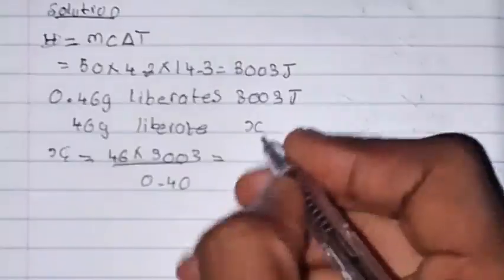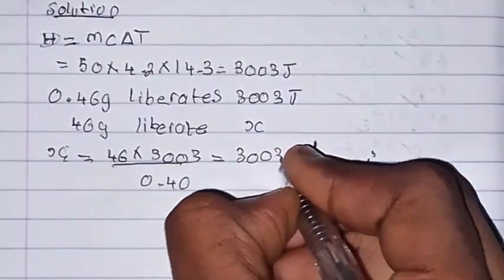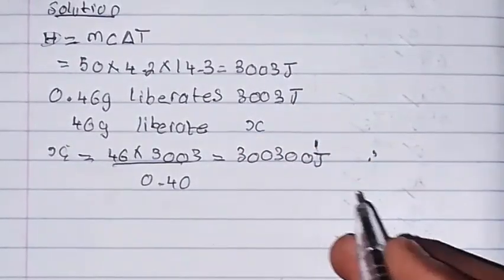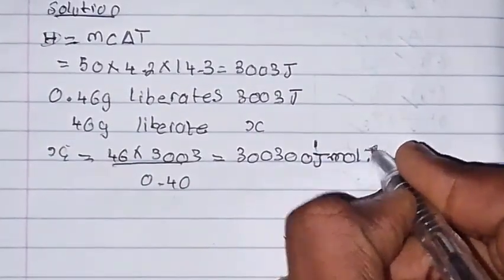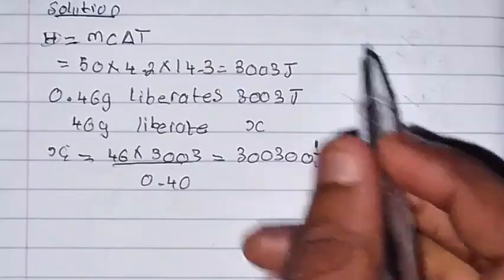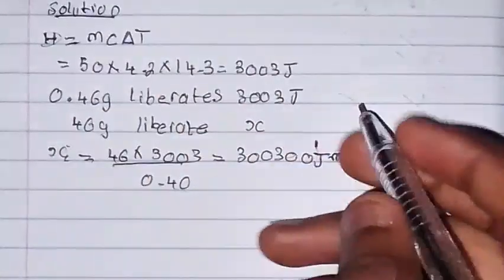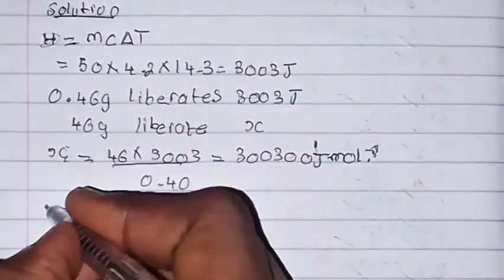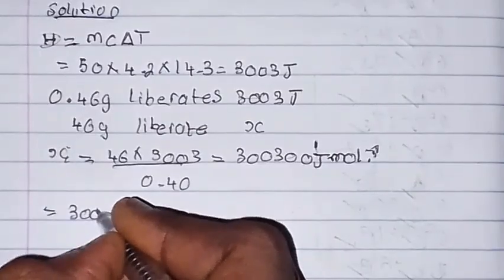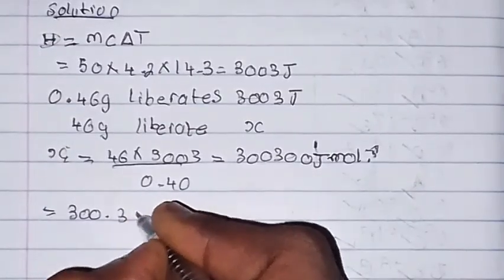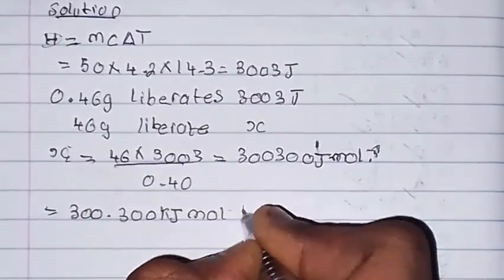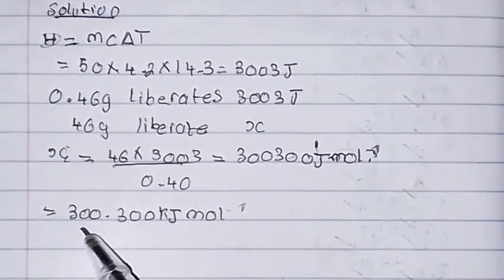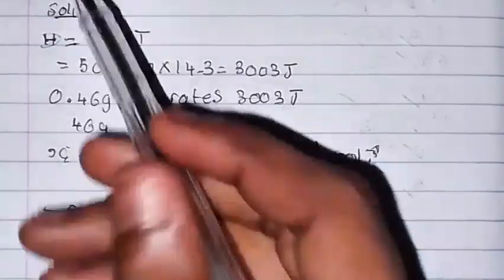That's joules per mole. I can convert these joules to kilojoules by dividing by 1000, because our options are in kilojoules. So if I divide by 1000, I'm going to obtain 300.3 kilojoule per mole.